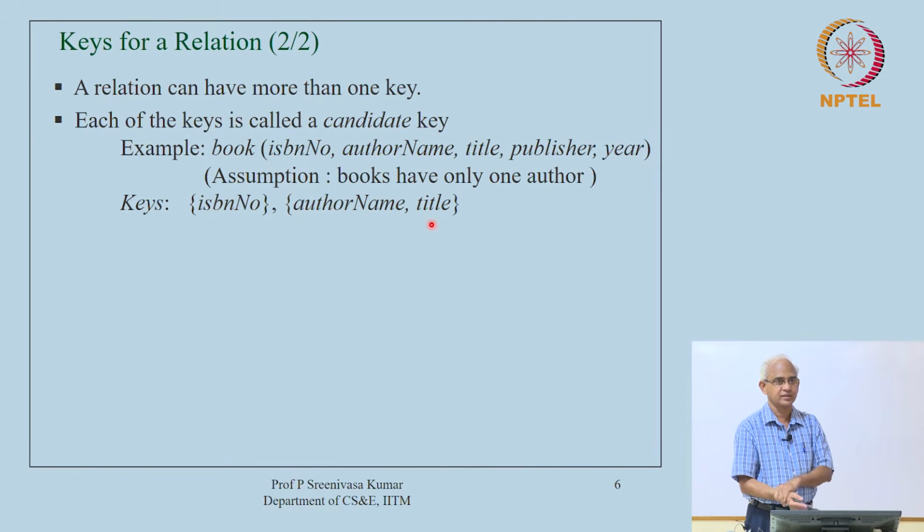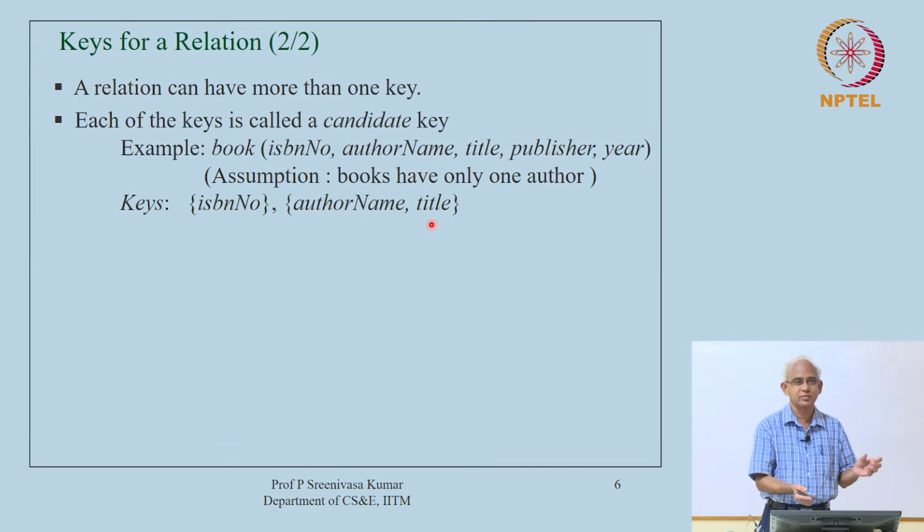If you are writing a book and then you are revising it, then you will add the edition number to it. So, Fundamentals of Database Systems, 4th edition is the title of the book. When you come up with the 5th edition, then Fundamentals of Database Systems, 5th edition is the title of the book. So, people write books with different titles, and so author name and title, because we made the assumption that there is only one author, can also serve as a key for this particular relation.